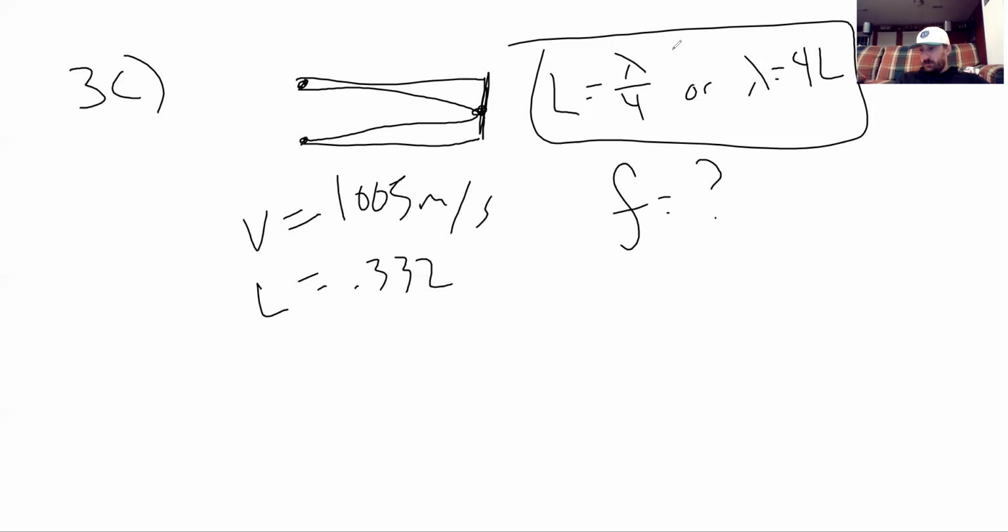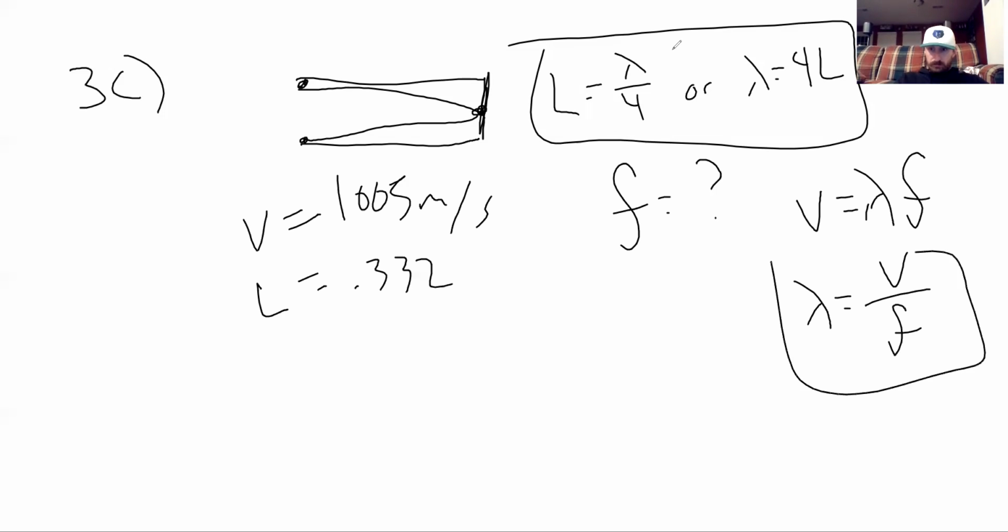So again, V equals lambda f. I want to know frequency, so I have to get frequency in there. So again, I can solve for lambda, and I need to plug in right there.